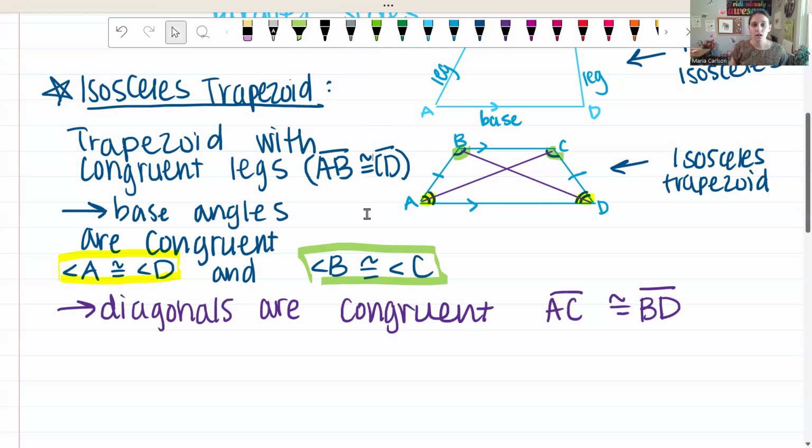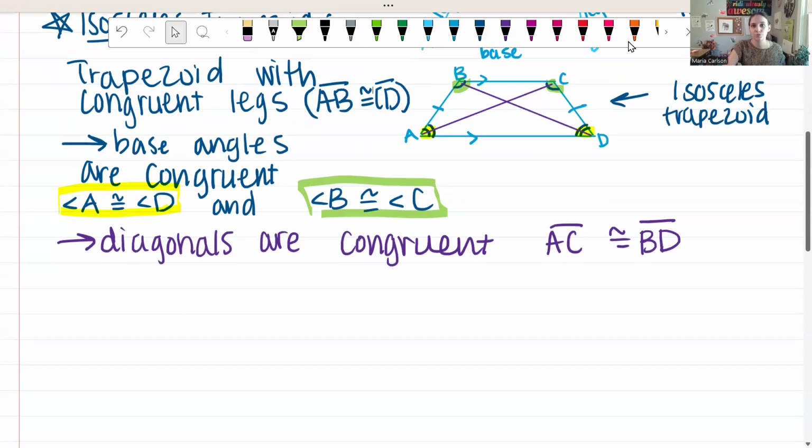Okay. One other thing we need to talk about with trapezoids, and this is true for all trapezoids, is they have a mid-segment. So let's talk about the trapezoid mid-segment.